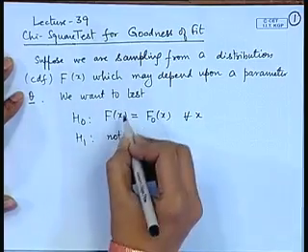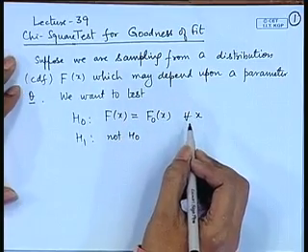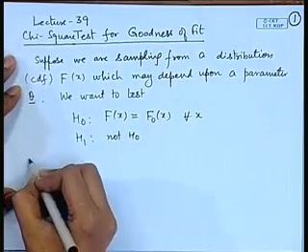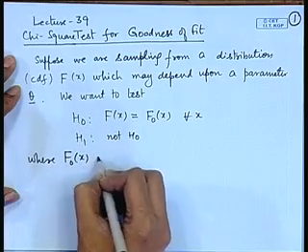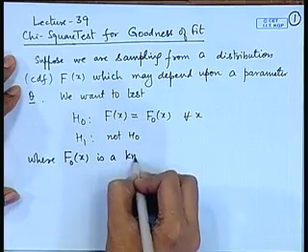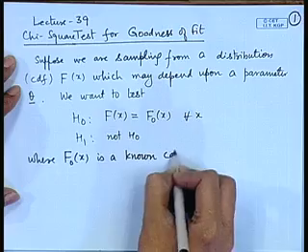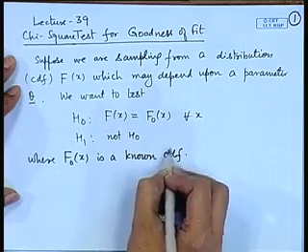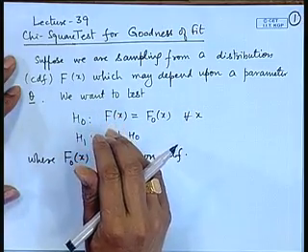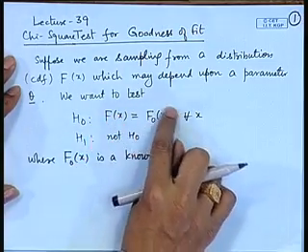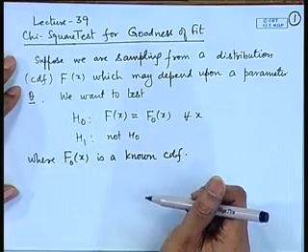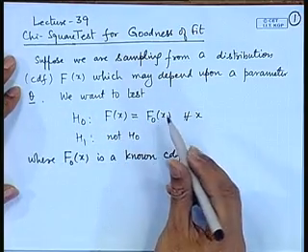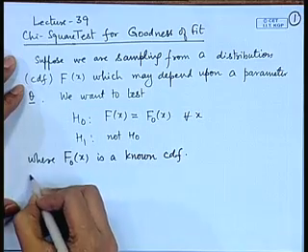That means this is not true for some points at least, where F naught is a known CDF. That means we want to test whether the data which has been collected comes from a given distribution F naught(x). So, in the chi-square test for goodness of fit, the procedure is as follows.